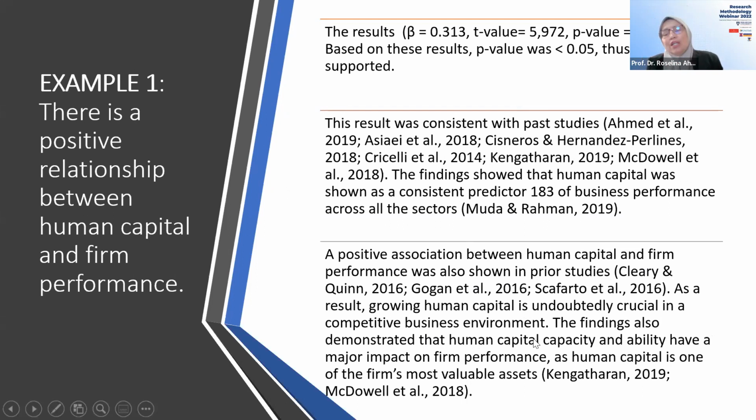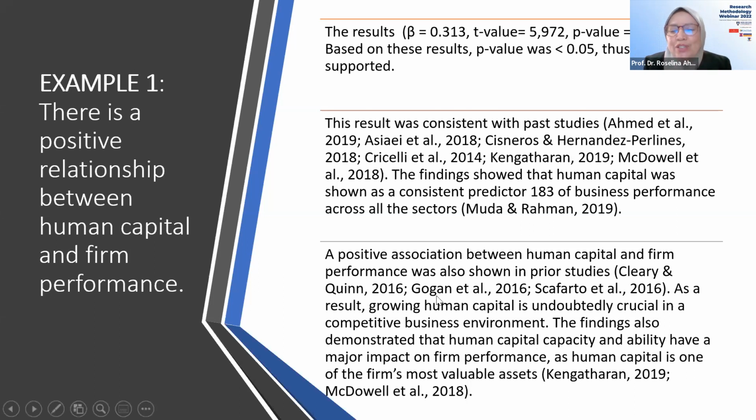Students would ask me, okay, Prof, shouldn't this be written in chapter 5? My answer: there's nothing wrong with putting a little narrative in your chapter 4. That shows your credibility in interpreting the data.